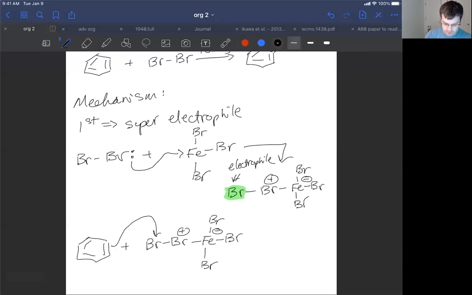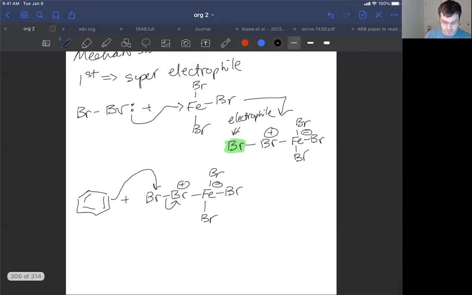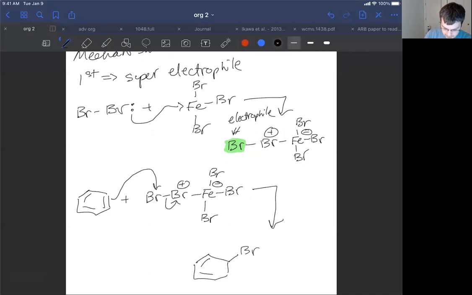Okay, so the pi bond of benzene is going to add to the Br and push the electrons from the bromine-bromine bond into the bromine with a negative charge. That's going to give rise to two things. One's going to be our cationic intermediate where we have a bromine added and a positive charge at the carbon that lost the double bond.